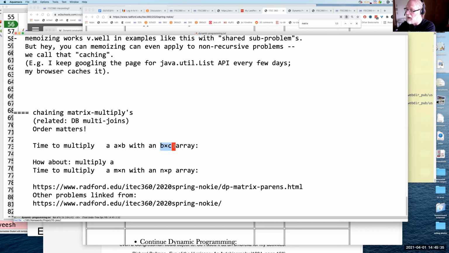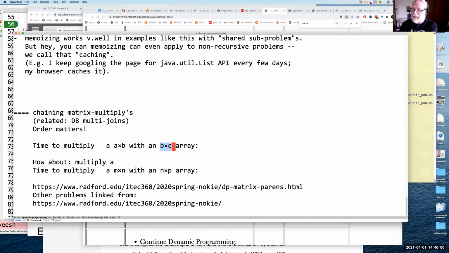So negative 2, 0, 1, 1, 0, 3, negative 1, and 1, 1. What happens if you multiply these 2 matrices?